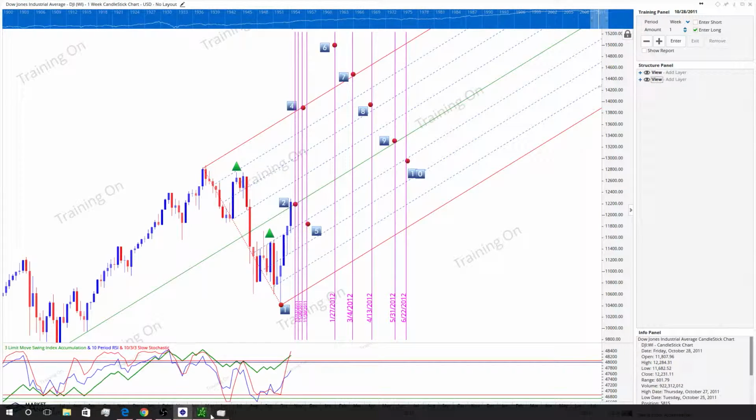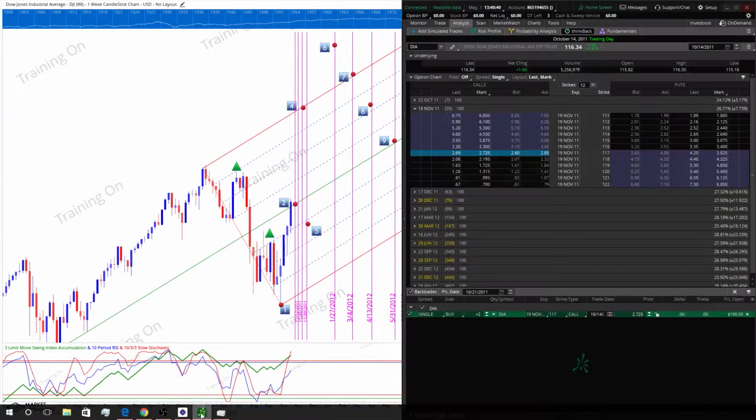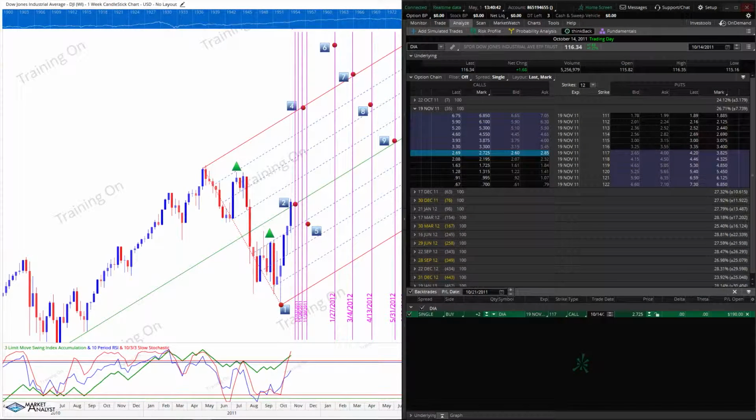So let's see where we are with our position Friday, October 28th. This is the 21st. So go through, nothing happens on the weekend. Monday we're up a little. We're back down on Tuesday, so it must have jumped down. Wednesday back up. Thursday really pretty good.